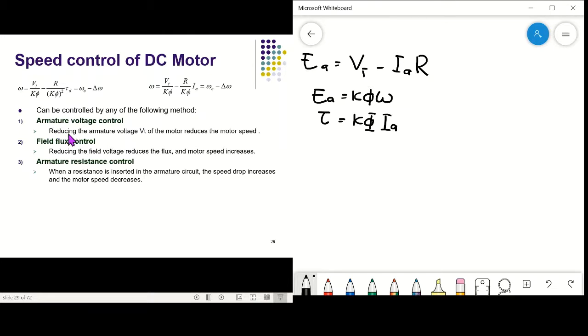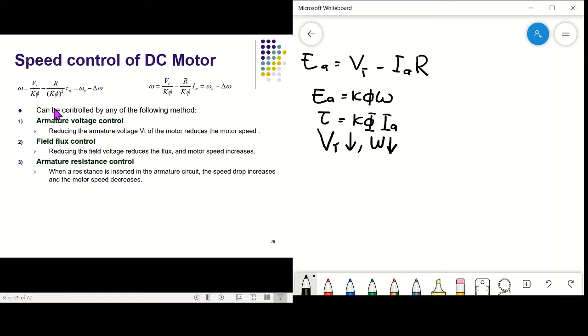Kat sini dia kata reducing the armature voltage VT of the motor reduces the motor speed. Kita reduce armature voltage, speed also reduce. VT reduce, speed also reduce. And kalau kita increase the armature voltage, terminal voltage, so we also increase the speed.